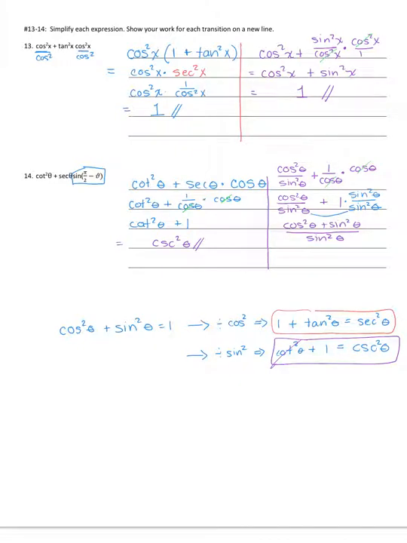Well, this numerator is an identity I'm going to give you. So that's 1 on top over sine squared, and you know the reciprocal property that that's the same thing as cosecant squared. So notice it took a little bit longer, and you did have to do the common denominator, but you didn't have to derive any other identities, okay?